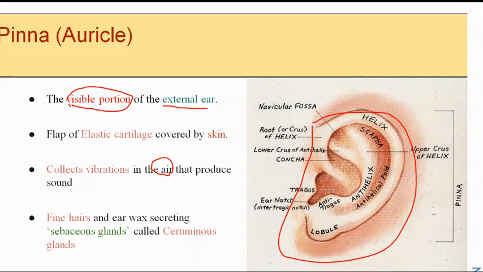On this pinna, we find fine hair and glands called sebaceous glands.